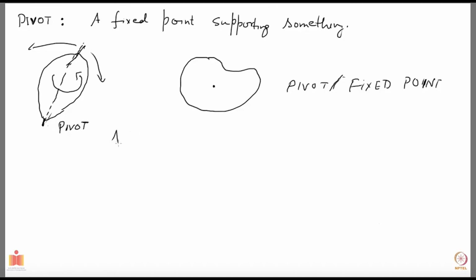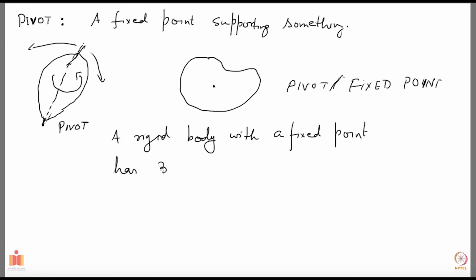So a rigid body with a fixed point has 3 degrees of freedom.